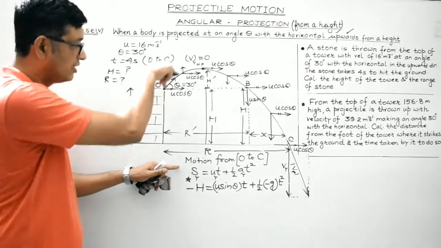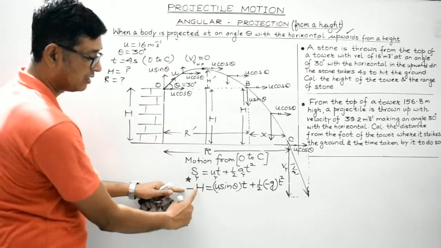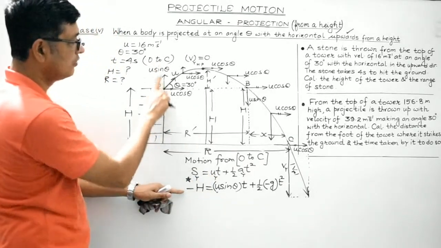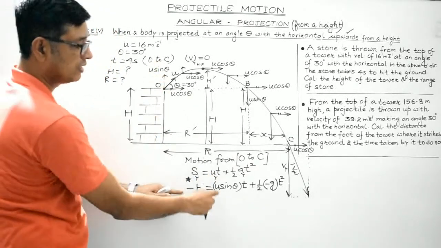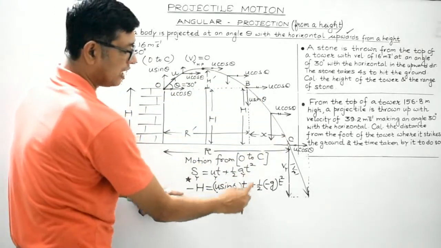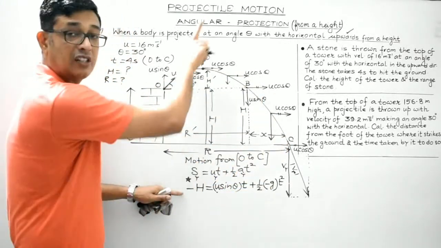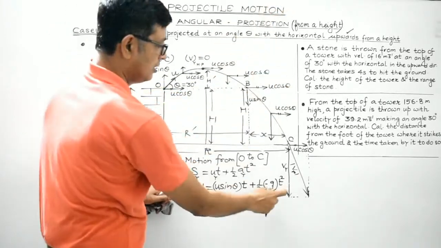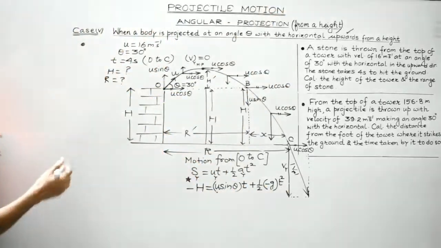This is the origin, this is the negative y-axis, so that is why it is taken as minus h. uy is the initial vertical component of velocity, which is u sine theta. t is the total time from O to C, plus half. ay is replaced by minus g, since initially the projectile is projected in the upward direction. So let's substitute the values.